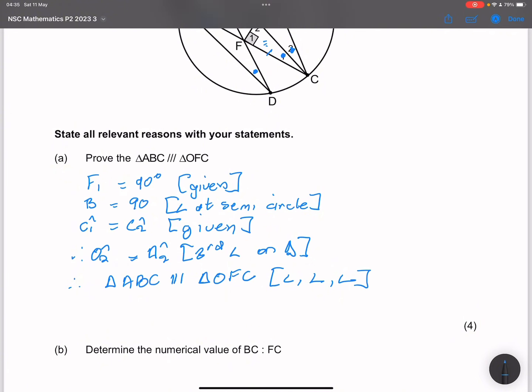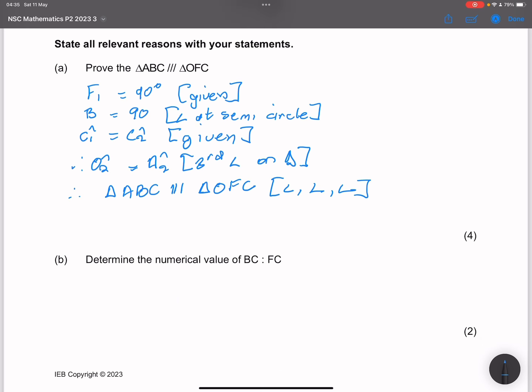Now they say determine the numerical value of BC to FC. So what I'm going to do, ladies and gents, I'm just going to do proportionality on those triangles. So I know that AB over OF is equal to BC over FC.